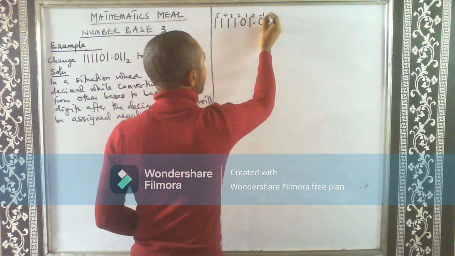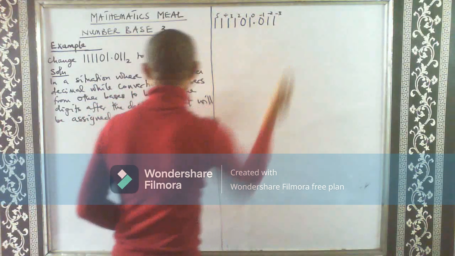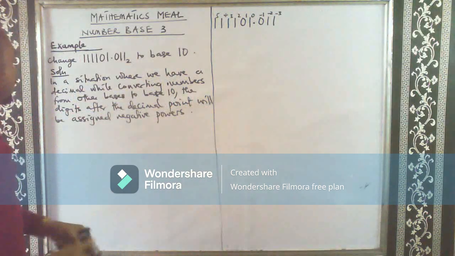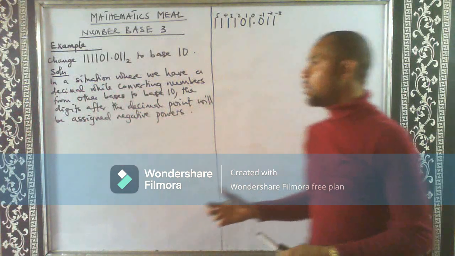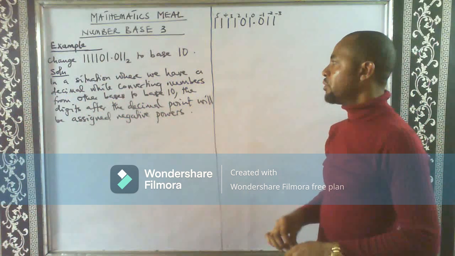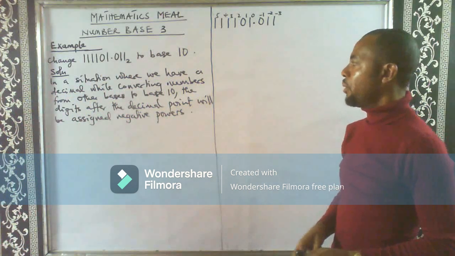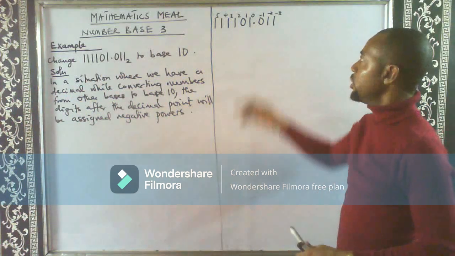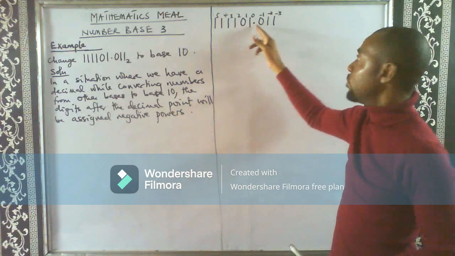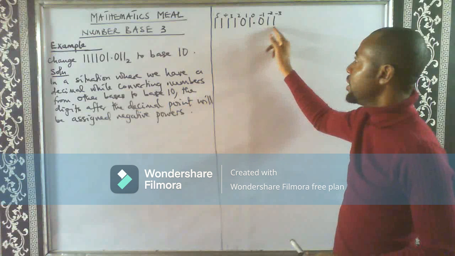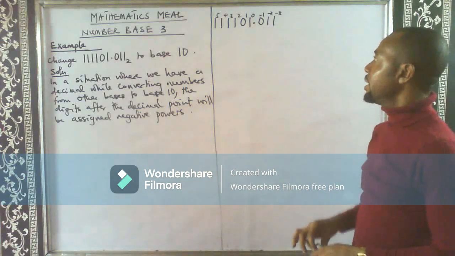Then these after the point will take minus 1, minus 2, minus 3. That's the essence of this statement. When we are dealing with a situation where we have a decimal point, we are going to assign negative powers to the digits after the decimal point.